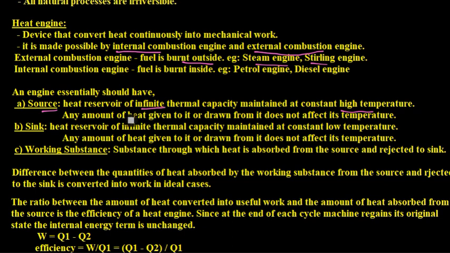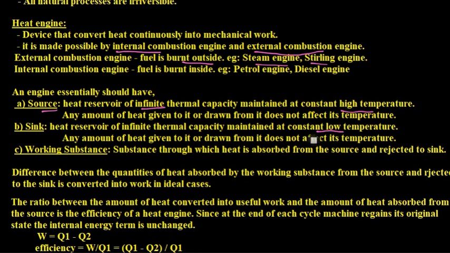The second part is the sink. The sink is another heat reservoir of infinite thermal capacity maintained at a constant low temperature. Remember, the sink is at a low temperature compared to the source temperature. So any amount of heat given to it or drawn from it does not affect its temperature, since it is a reservoir of infinite thermal capacity.